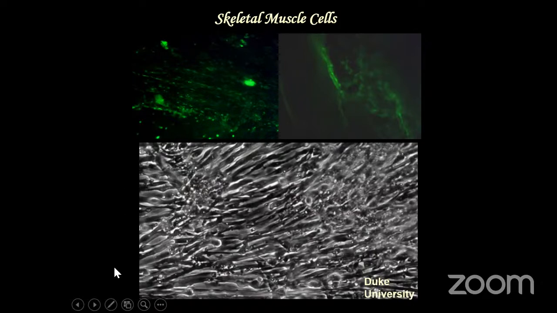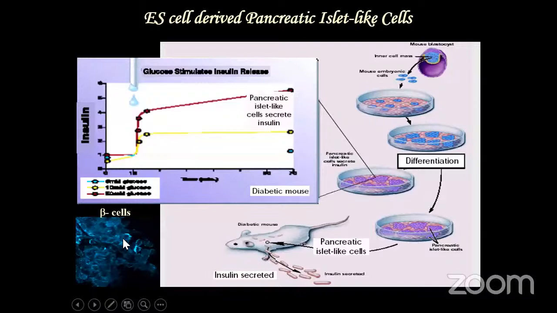The next comes the endoderm derivatives, pancreatic beta-like cells, which are the ones we know in diabetes, depending on what kind of diabetes, these cells don't function. In fact, the function of these cells, glucose induced insulin release, they do show.